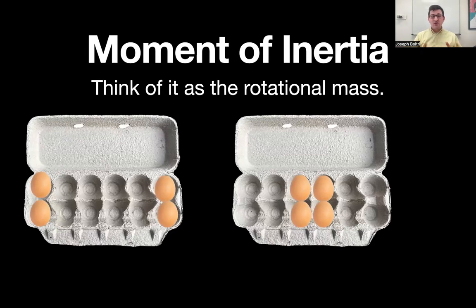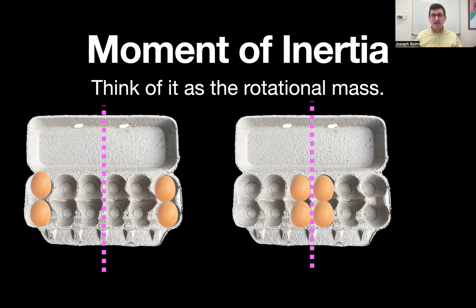If we take an egg carton on the left and put the eggs in the farthest out little compartments, versus a separate egg carton where we put the eggs in the farthest in compartment, and then we try to rotate both of those egg cartons, you'll notice that it feels different. Specifically, if we rotate it around the center, it would feel different to have the eggs very far away from the center versus very close to the center.